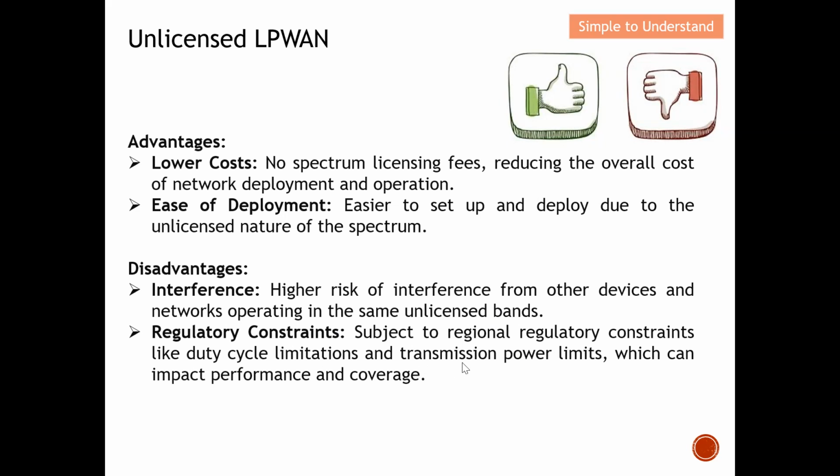Also in some regions, for example Europe, we have transmission power limits, which means that you are not allowed to transmit power more than what is specified by the authority. Because of this, there can be an impact on the performance and on the range of the communication.